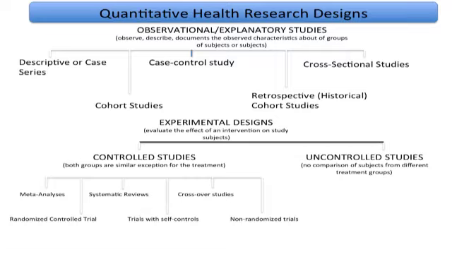Then we also have experimental designs, controlled studies, such as a randomized controlled trial, a systematic review, a meta-analysis. So there are different types of experimental designs that are used with slightly different names, but basically they're similar to the social science quantitative designs.